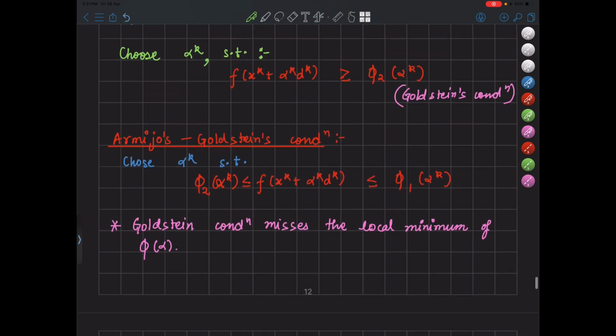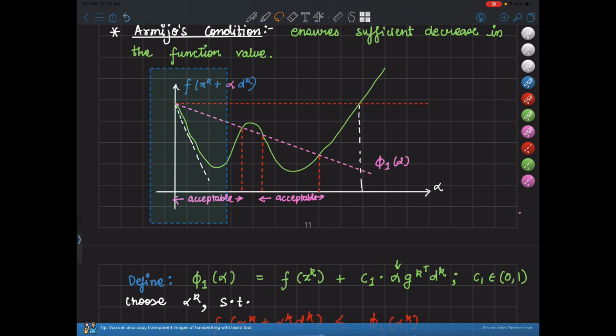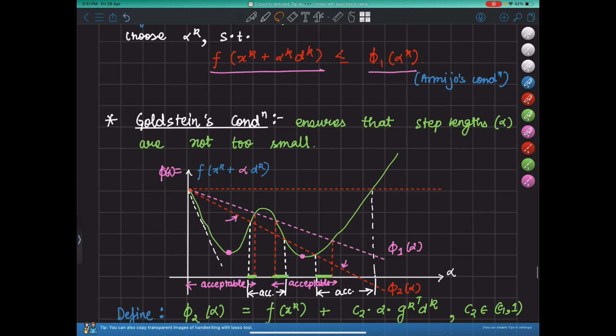So let me just copy the diagram, and then from there I can explain it to you more easily.